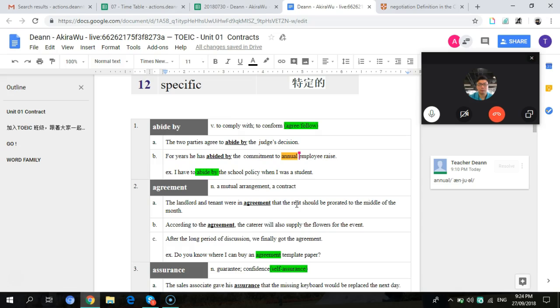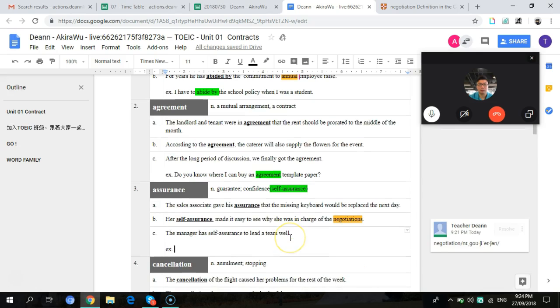Yes, I understand the sentence A means. And D, make it easy to see. So self very easy to see. The B, I'm not sure, and the C I understand.